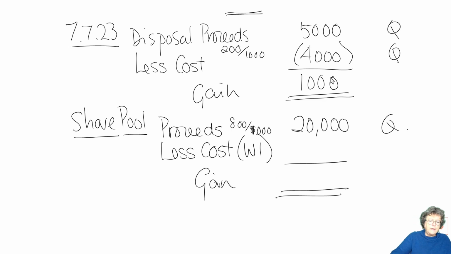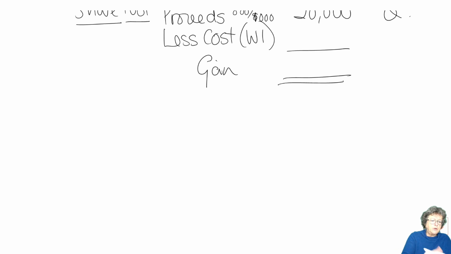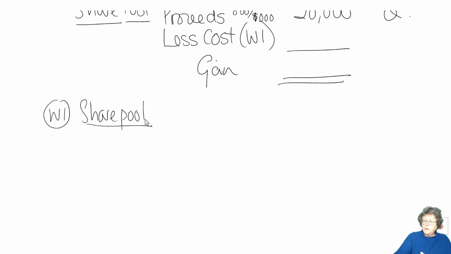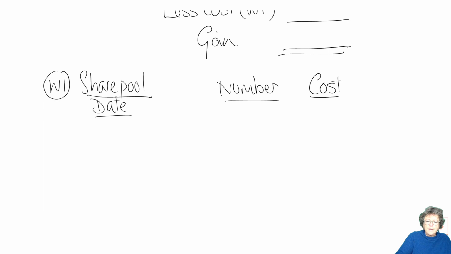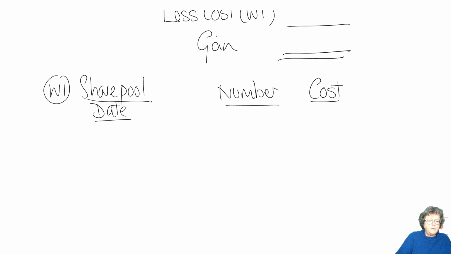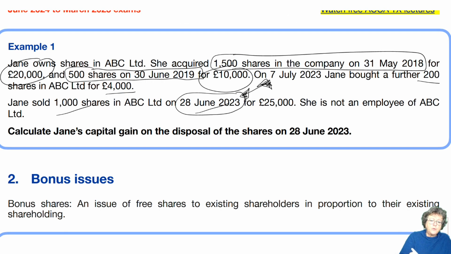Now, what we have to do, this working, let's have a look at working number 1, which is our share pool. So the number of shares, the cost of the shares, the date. Okay, so because the July shares, we've actually dealt with that one, I would normally go back to the beginning of the question and do it chronologically.